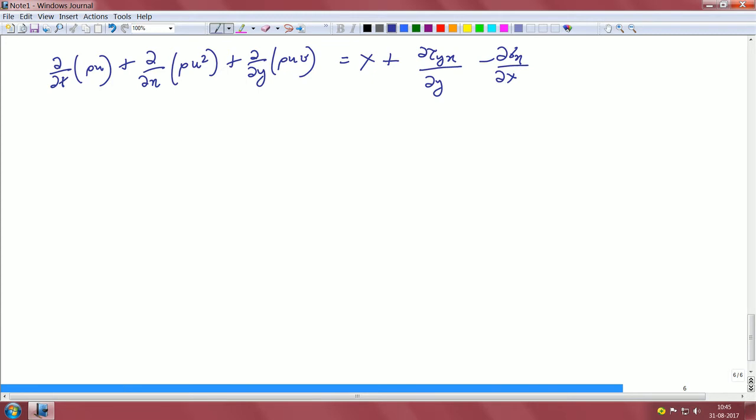Now you can simplify things a little bit. There are terms which are within the bracket, so you can basically unfold them.